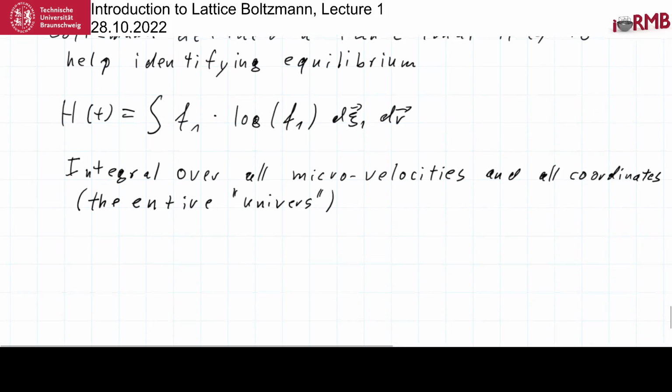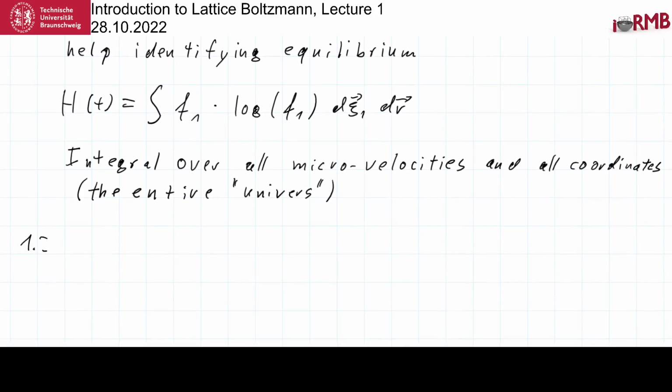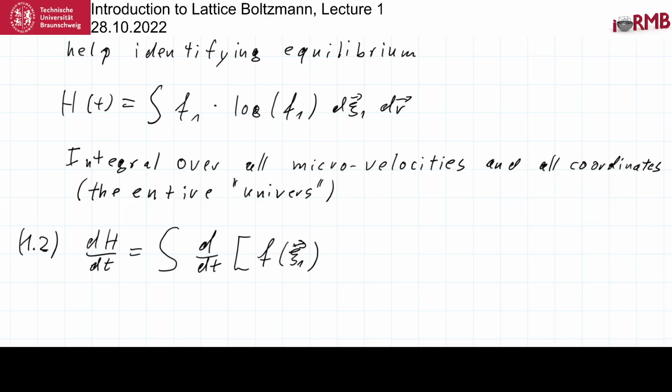Now, coming to equation 1.2. What he did is he took the derivative of H with time, and he put this derivative into the integral, which is now on f of ξ1. I notice I've written it in a slightly different way, I hope you forgive me.